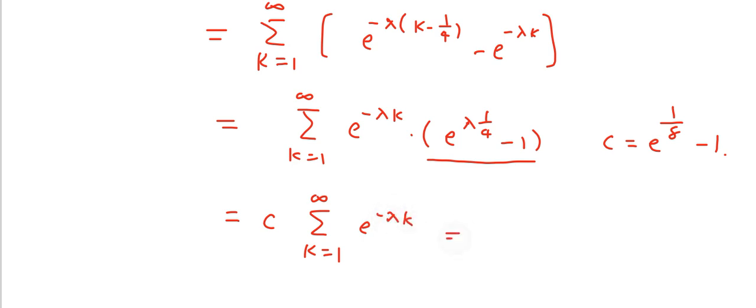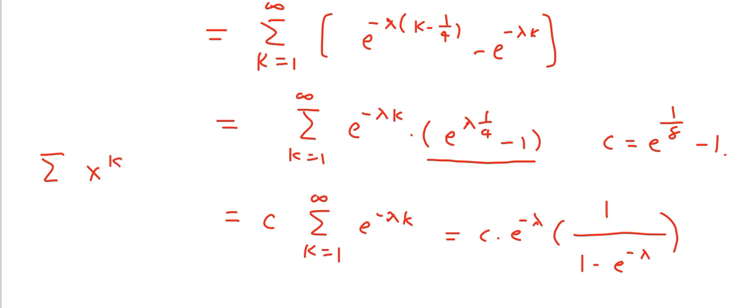So this one equals, we take e to the negative lambda outside, so this is 1 plus x plus x squared and so on, which equals 1 over 1 minus e to the negative lambda. Here we use this formula, right? The sum of x to the k, k equals 0 to infinity, equals 1 over 1 minus x.